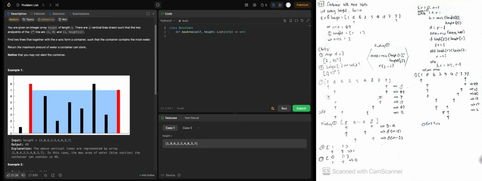Okay, so I think this should work. Let's try to check with the first example, we have 1, 8, 6, 2, 5, 4, 8, 3, 7.